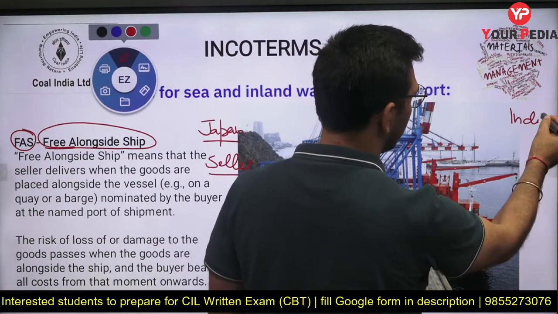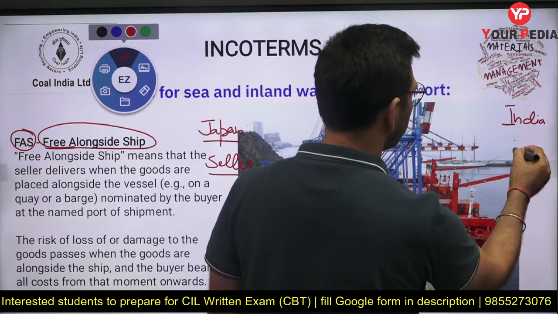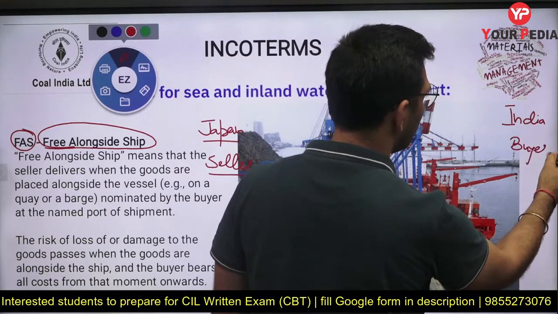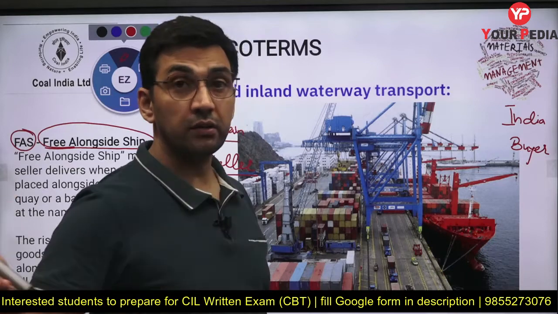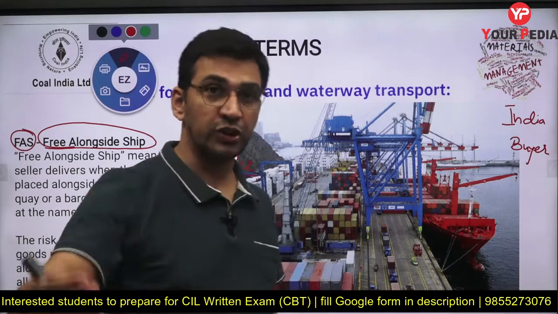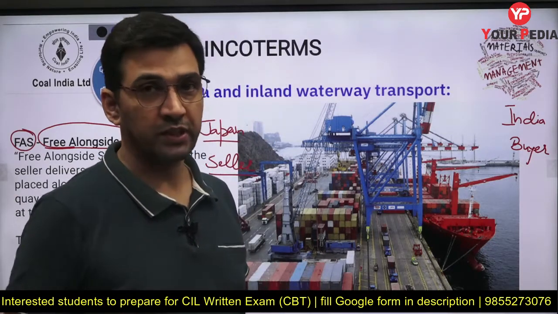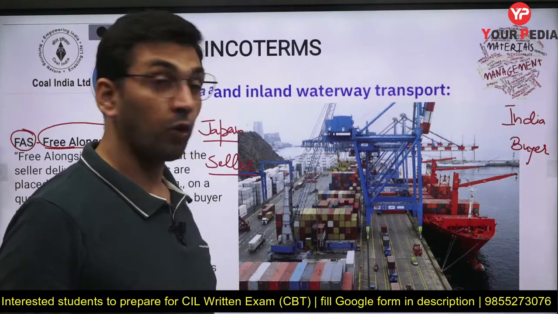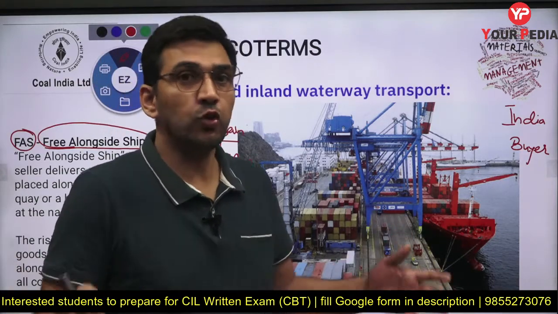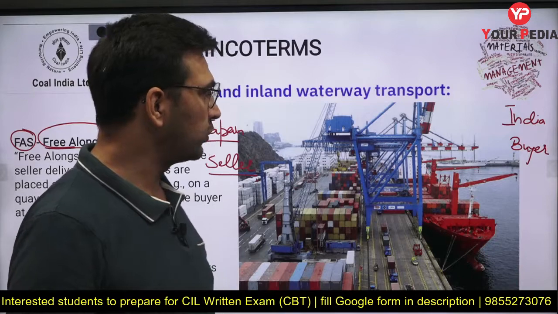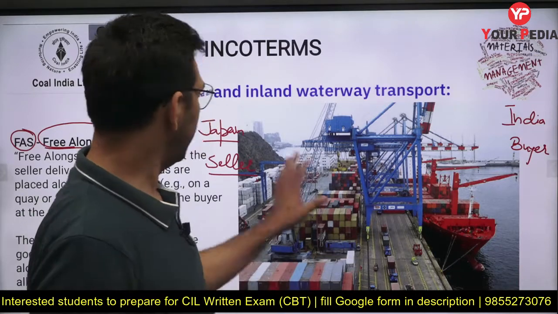So this seller is sending goods to India. Let's say the quantity to be sent is huge and bulky, so you have no choice but to send it through ships. So let's say this is the situation.